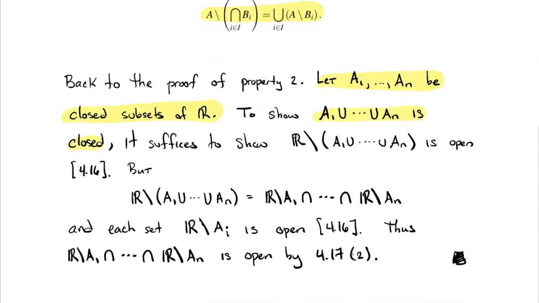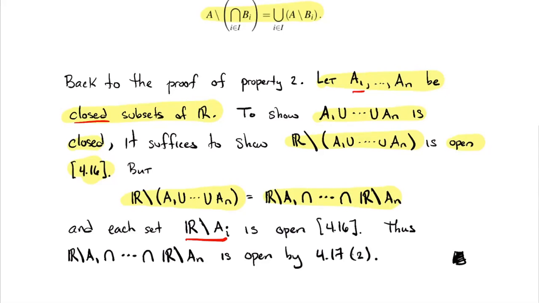So I'm going to use our opening theorem. One way to show that the union is closed is to show that its complement is open. That's what theorem 4.16 says: the complement is open if and only if the set is closed. But De Morgan's laws say that the complement of that union is the intersection of the complements. Each one of the A_i is closed. A1 is closed, A2 is closed.